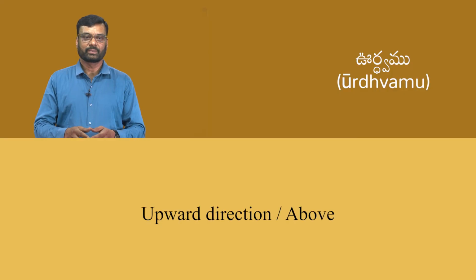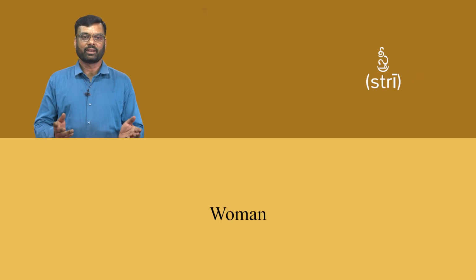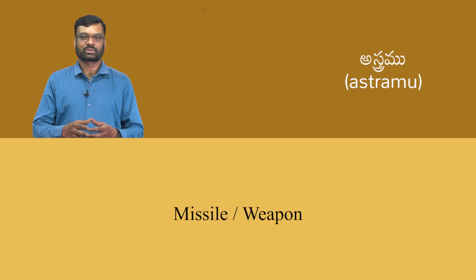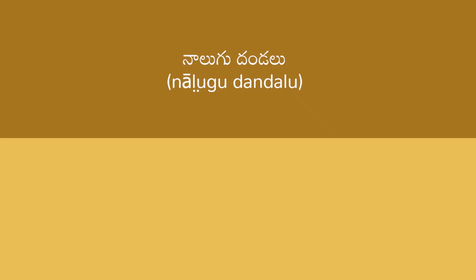Urdhvamu, it means upward direction or above. Rashtramu, state. Stri, woman. Then the next one is Astramu, which means missile or weapon. Natyam, which means dance.